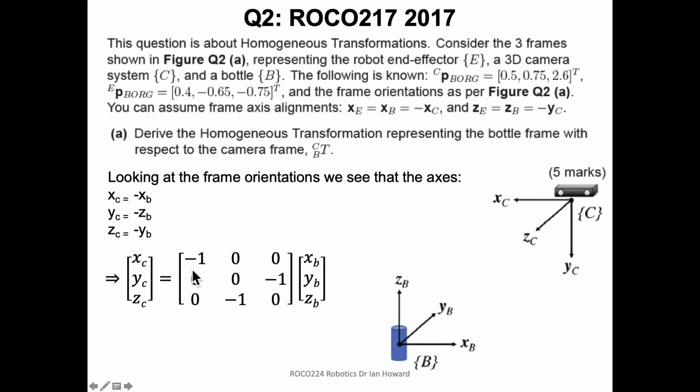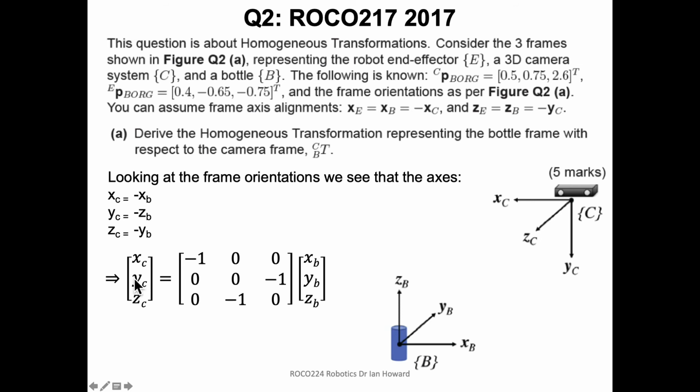So it's relatively easy to work that out. In other words, xC has got to equal minus xB. This is going to be a 3 by 3 rotation matrix. We only want to pick out the xB term, so we have a minus 1 for that and 0, 0 here. Then if we evaluate that top row by that column, we end up with the first equation.